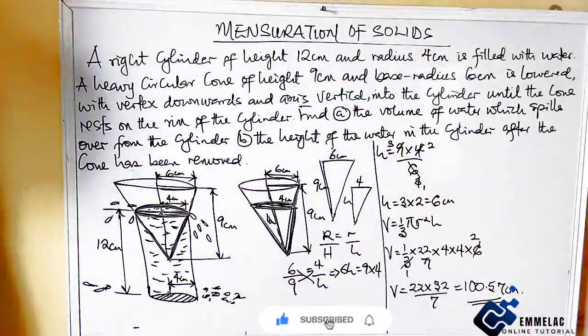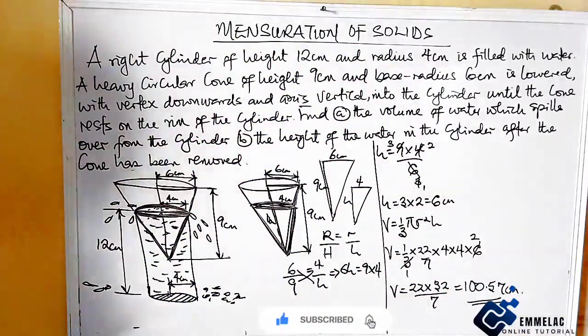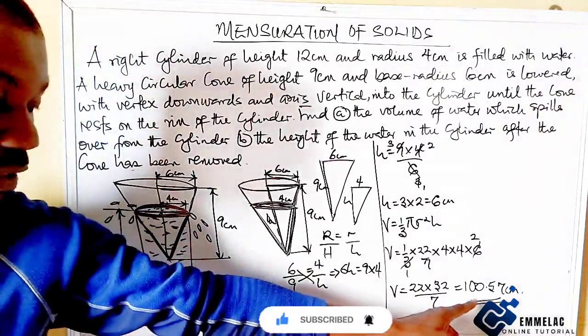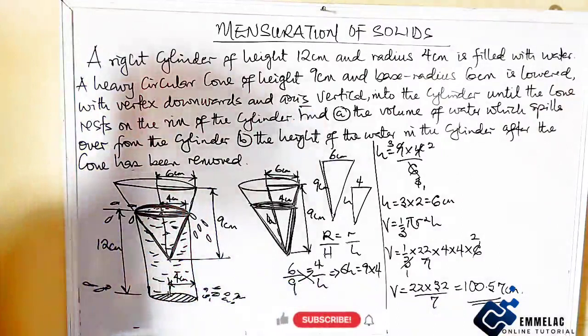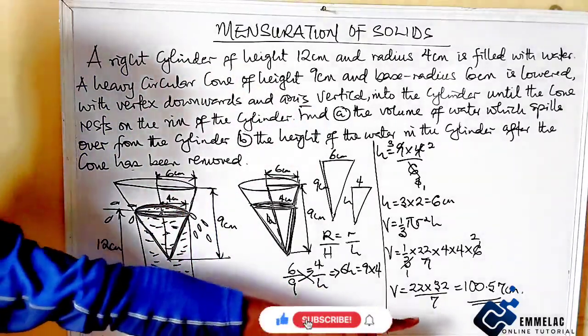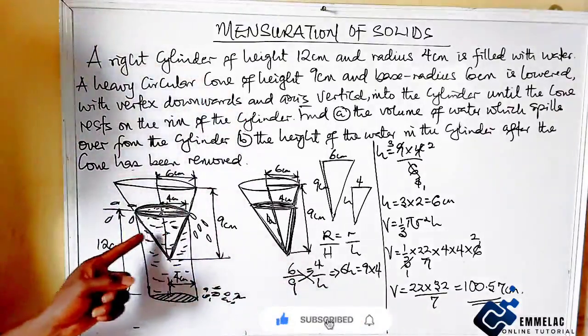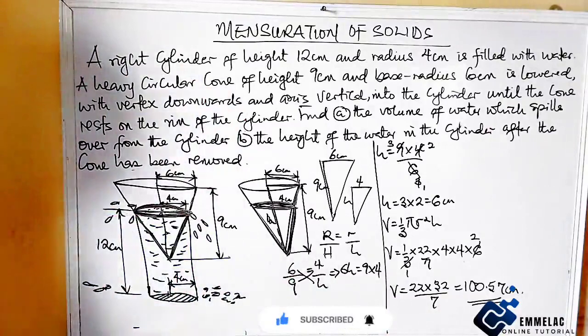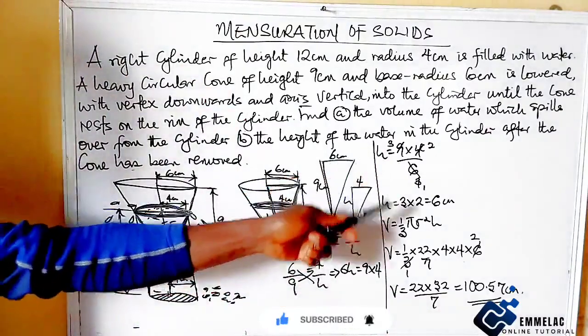So the volume of water which spills over from the cylinder is 100.57 centimeter cube, which also is the volume of this smaller cone. Alright, now let us move over to the height of the water.